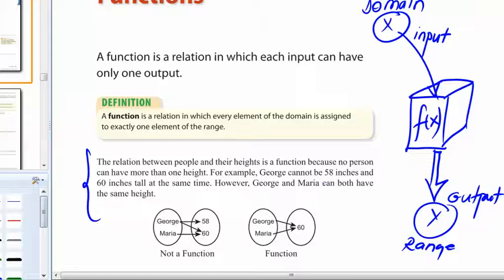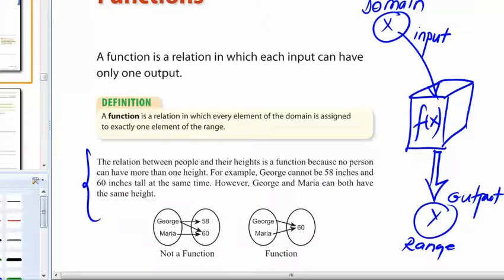Maybe the same person, let's say John, is 14 years old now, and one year later John may be taller than he is today. But we're talking about the same height for the same person at the same point in time. So nobody can have two heights. Right now, if I'm checking your heights, every one of you will have one height for that hour, let's say.